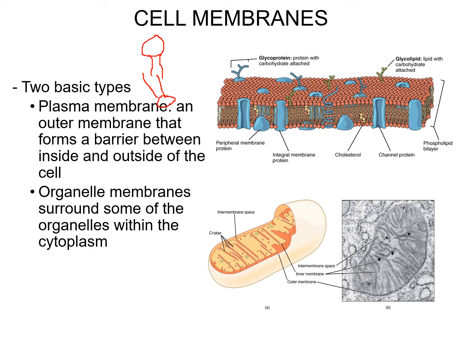So organelles such as mitochondria, as you can see in the picture on the bottom right, some endoplasmic reticulum, Golgi apparatus, and then some specialized bubble-looking things such as a lysosome and peroxisome, also have their own unique membranes that help with their function. But for the most part, and for the immediate future, we're going to be discussing the plasma membrane on the next several slides.